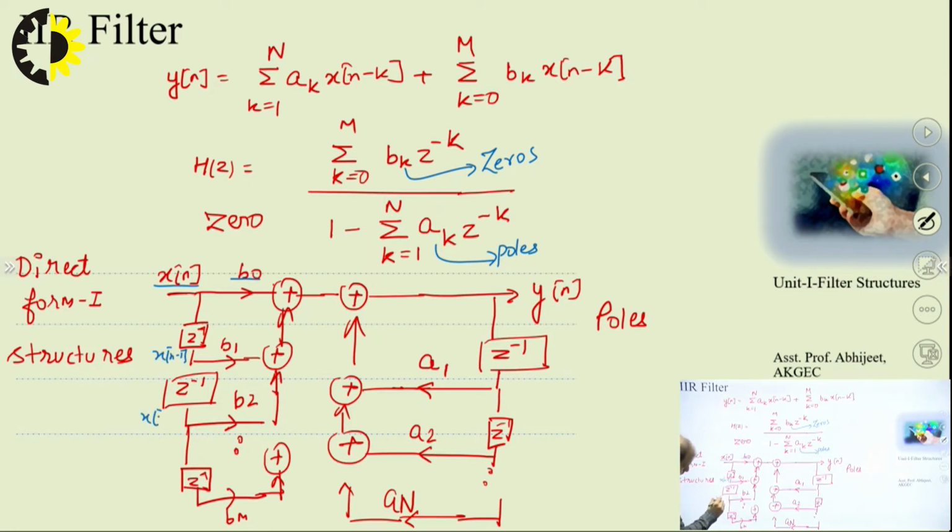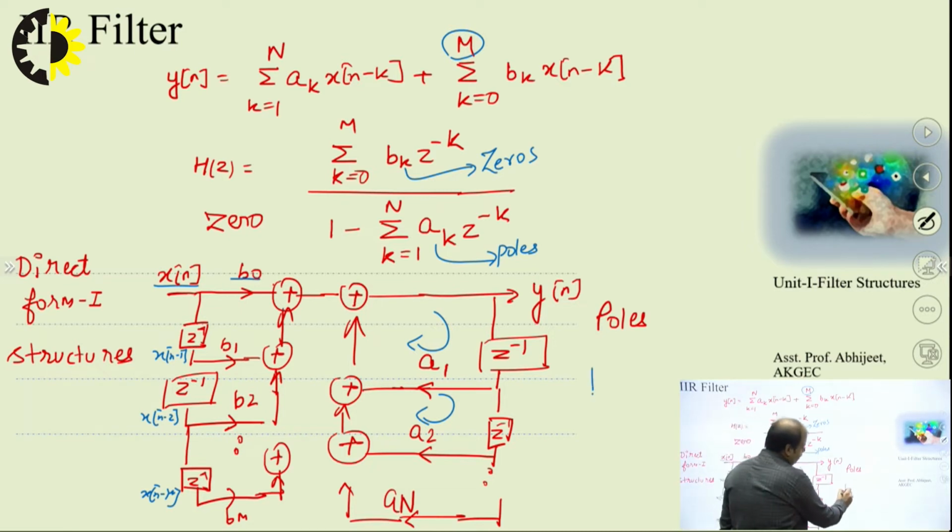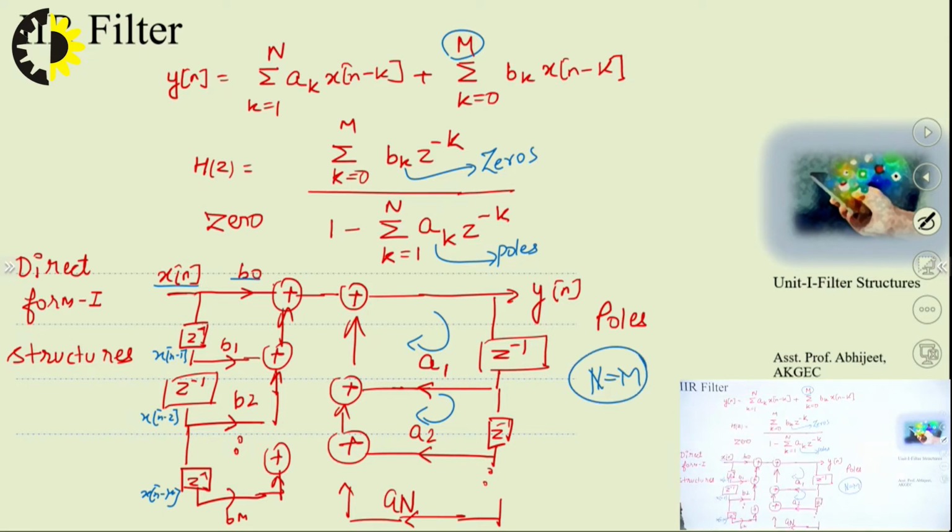Then I will have x of n minus 2, and similarly x of n minus M in this equation because the upper limit is M. Then we take the shifted versions of the output, the past outputs: this is for y of n minus 1, this is for y of n minus 2, and finally a N. If we add these, in the general case we will have this. While drawing this we have considered that N is equal to M, which is not necessarily so, but to make the diagram more uniform about the y axis, we have taken this.